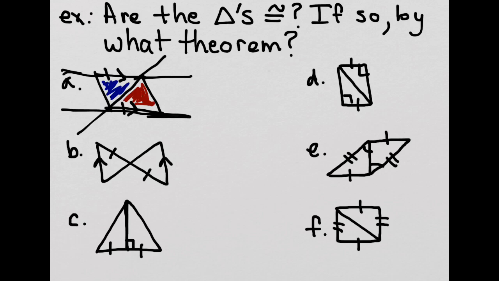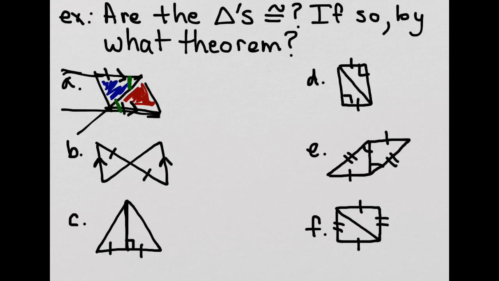So if you look at this figure, we've got an angle right here and an angle right here that are both in those triangles, and those are alternate interior angles. So we know that those two are congruent. Alright, so there's a pair of angles that we know are congruent.